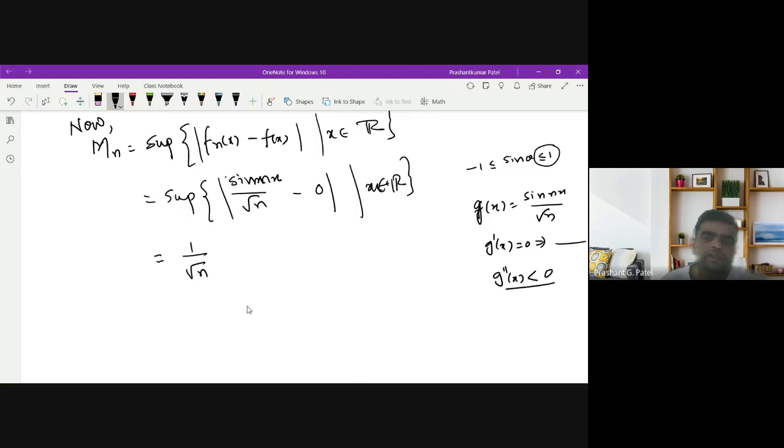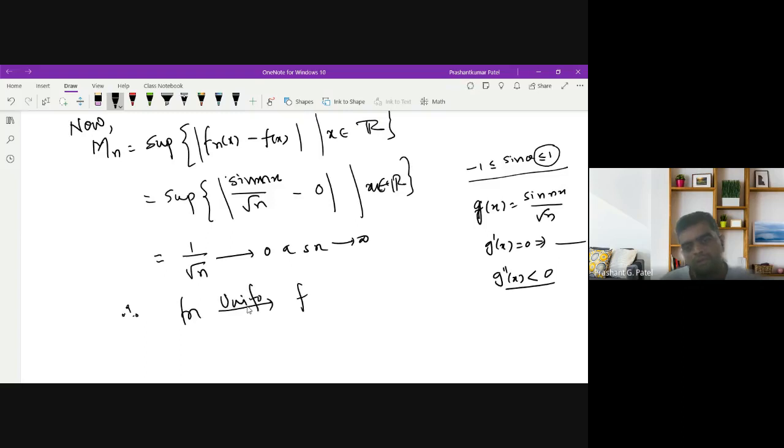That way you can calculate the supremum of sin nx upon root n. But I'm just saying that the supremum of this is 1 upon root n for the reason I already gave. And this tends to 0 as n tends to infinity. So we can say that fn converges to f uniformly. This convergence is uniform convergence.